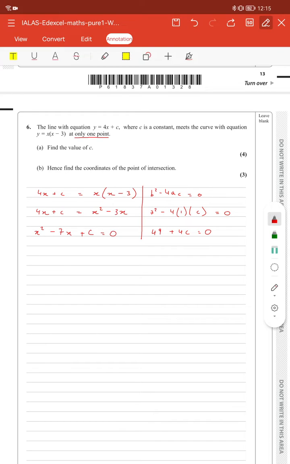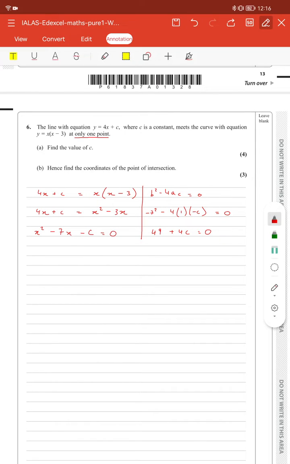here we've got 4x plus c equals x squared minus 3x. We've collected all the like terms. And if it meets at only one point, we're going to have minus 7 squared, which is 49, minus 4 times 1 times minus c, because that would be a minus c if we've taken it to the other side.